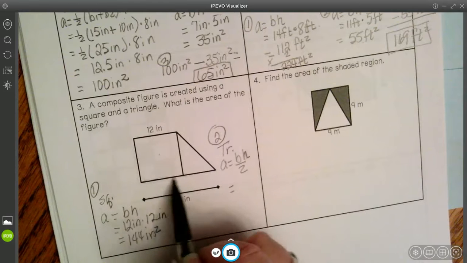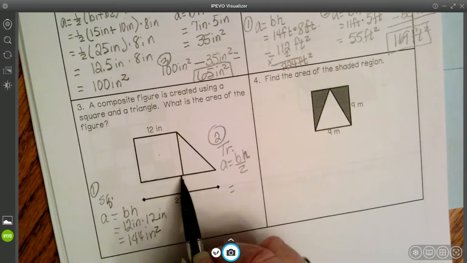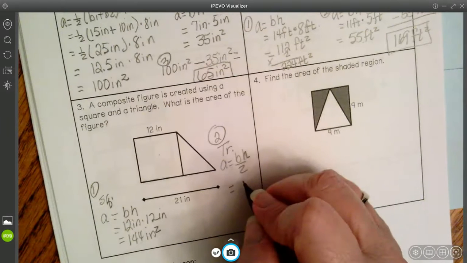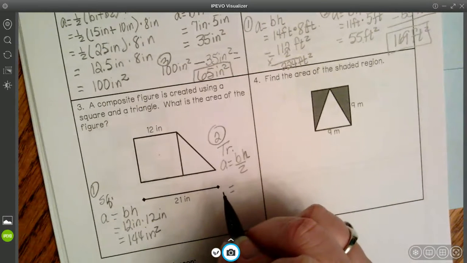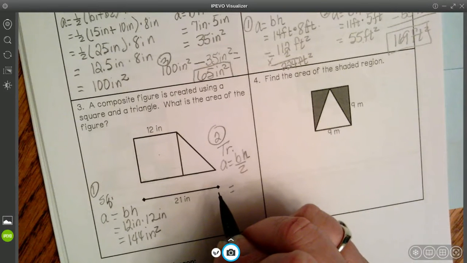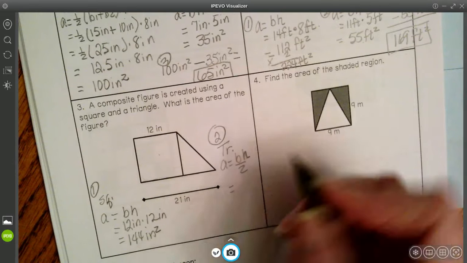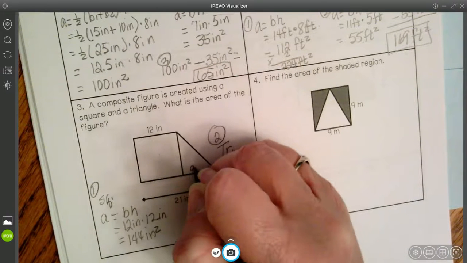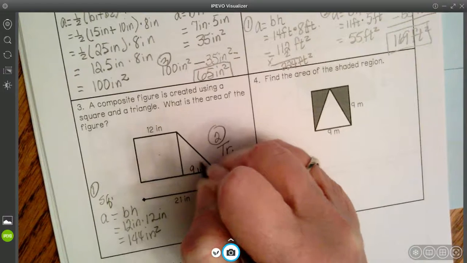But we know from here to here is 12. So 21 minus 12 is going to be 9 for our base. So this is 9 inches.